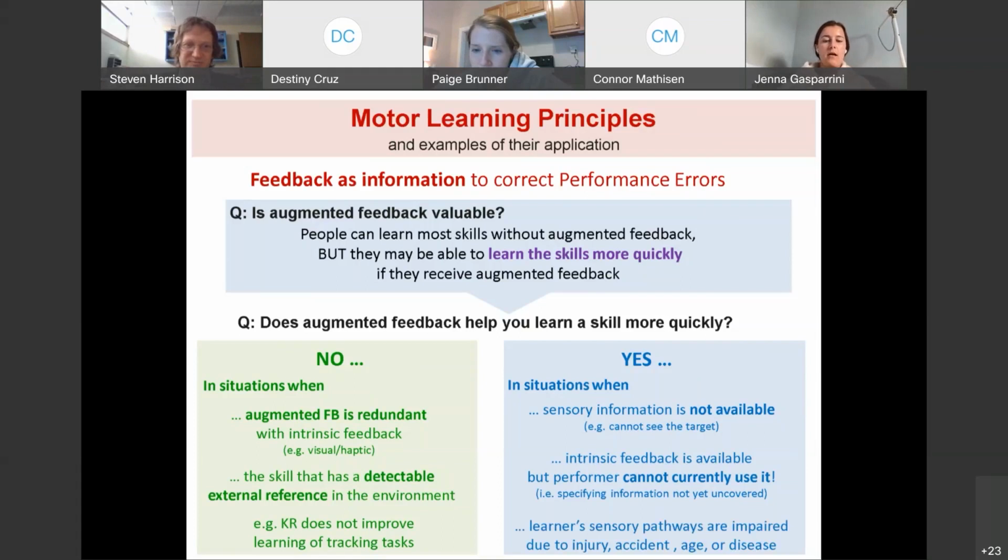Examples of situations where augmented feedback is likely to be a lot more useful are when a learner's sensory pathways are more impaired due to injury, accident, age, or disease.